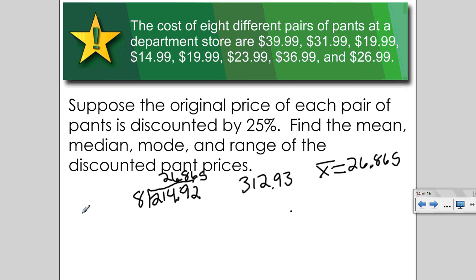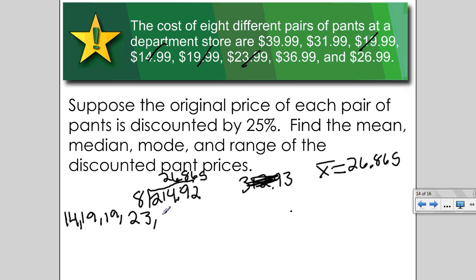So we got 19, and I'm just going to put them like this. It's easier to write them out. 19. All right. Oh, we forgot our 14. All right, 14. We don't need this anymore. All right, so we got 14, 19, 19. Our next is 23. All right.